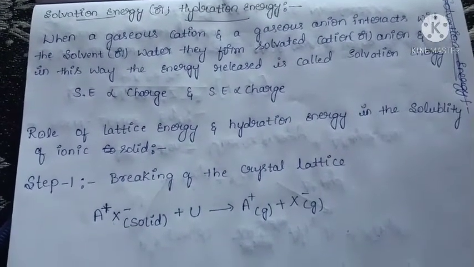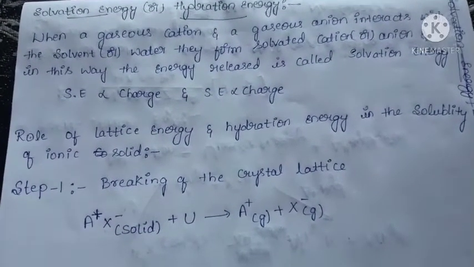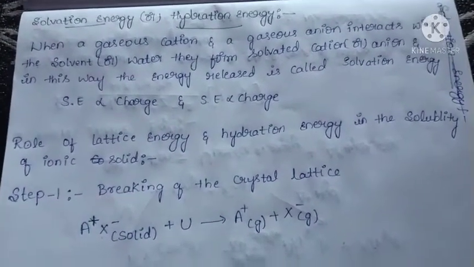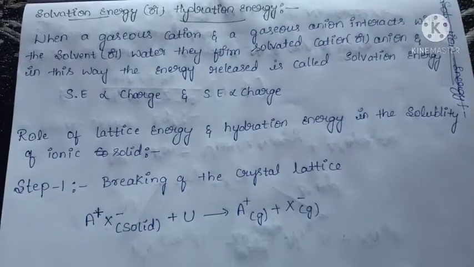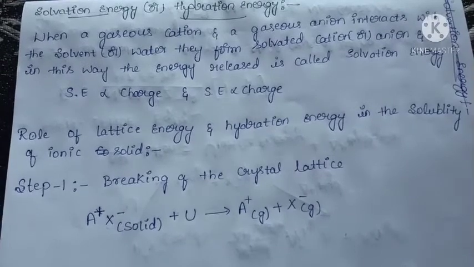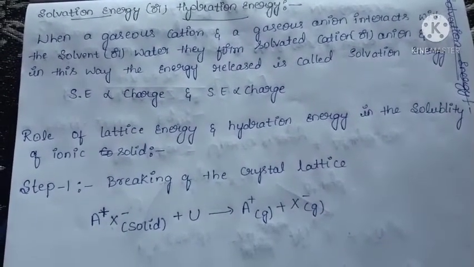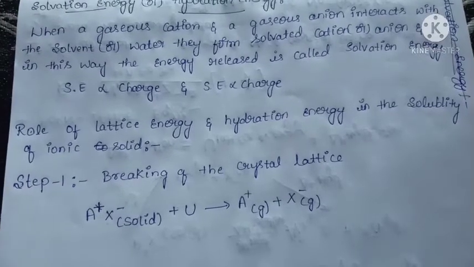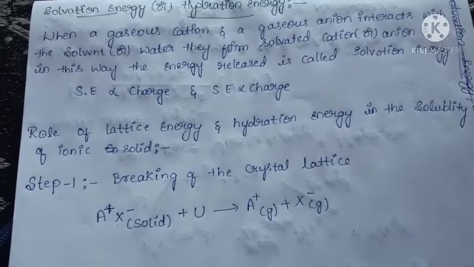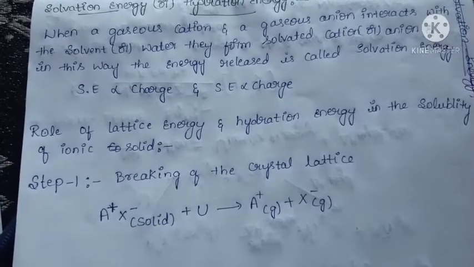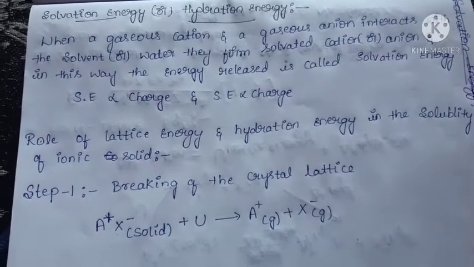When the gaseous cation and gaseous anion interact with the solvent or water, they form a solvated cation and solvated anion. It means they have water molecules. The cations and anions are surrounded by the water molecules, so that's why it is called a solvated cation or anion.